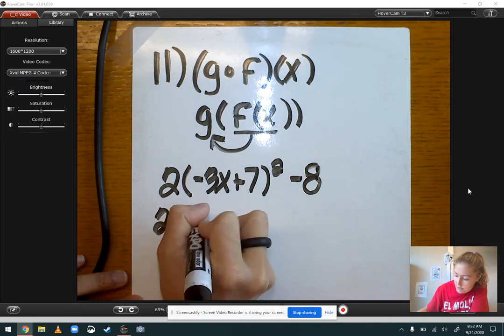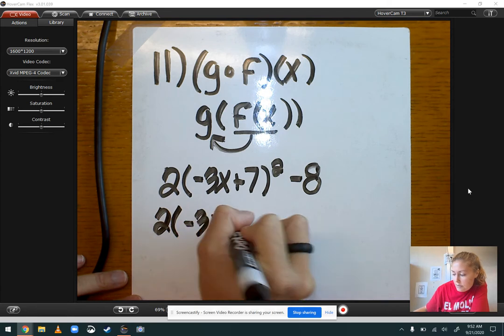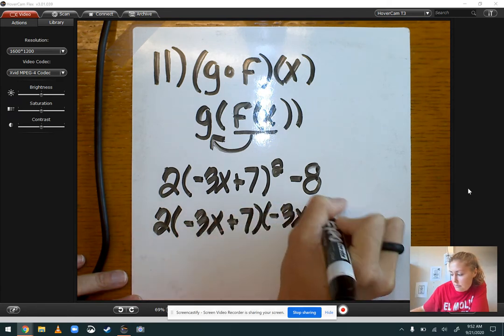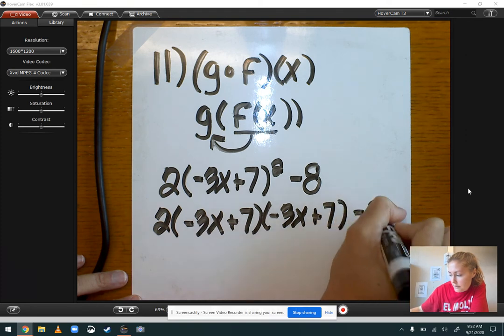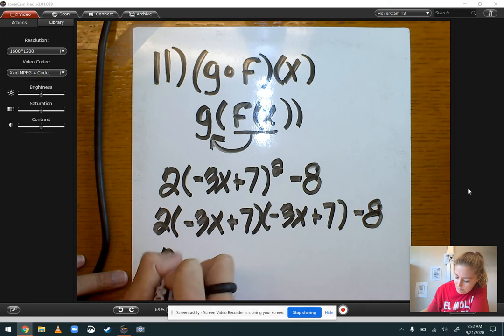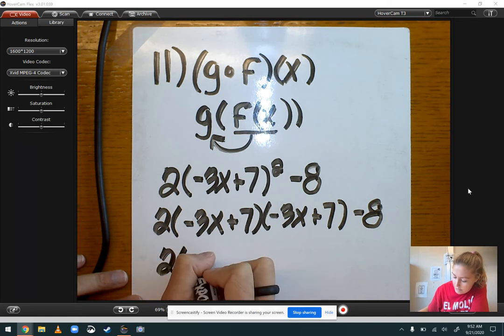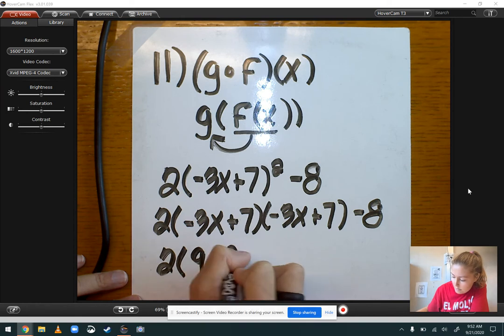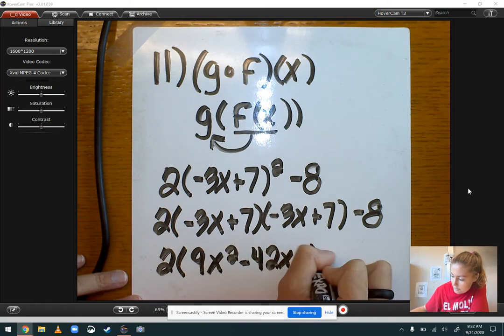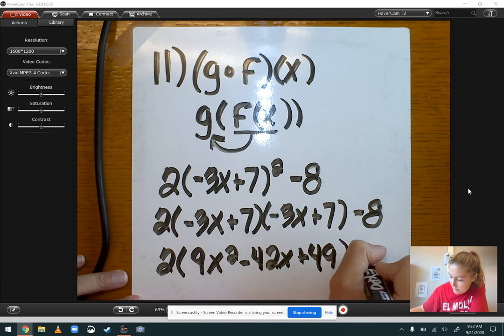That's 2 times negative 3x plus 7 times negative 3x plus 7, minus 8. We do our double distributing. We get 2 times 9x squared minus 42x plus 49, minus 8.